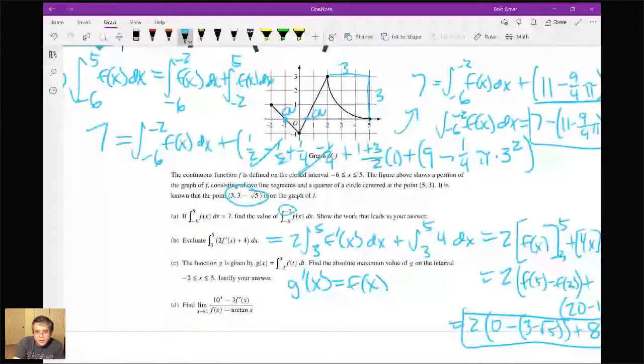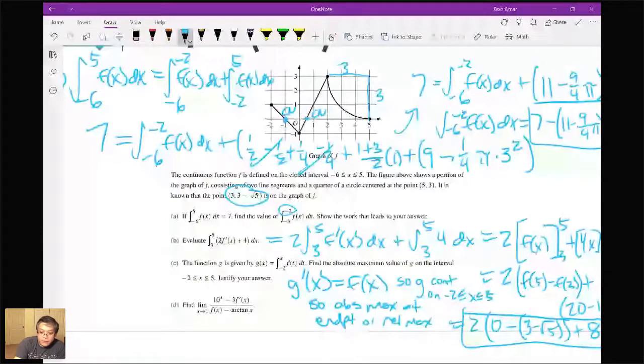Continuity also implies integrability, but you'd be reasoning from the converse there. So g is on -2 to 5. So absolute max at endpoint or relative max.